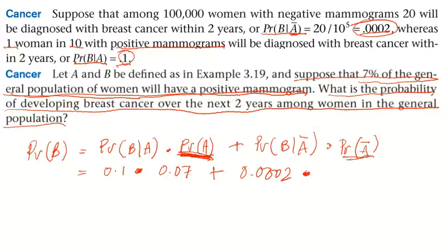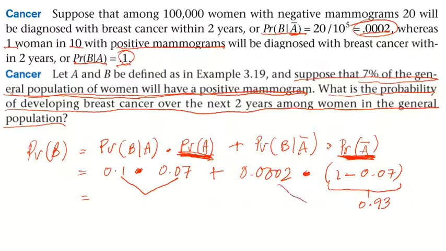So the probability of the mammogram being negative is just 1 minus 0.07. Or, this is 0.93.